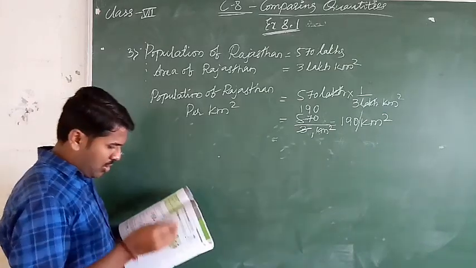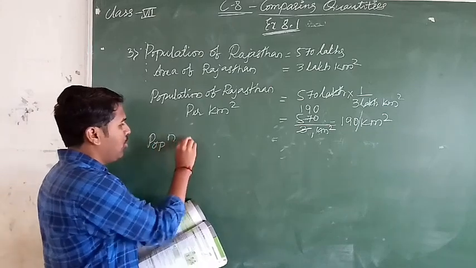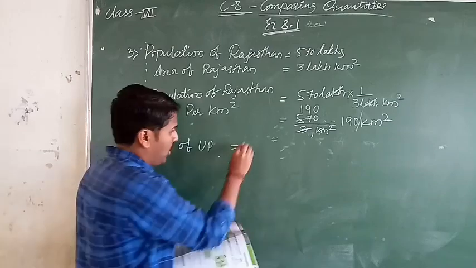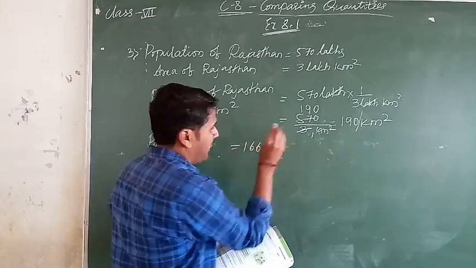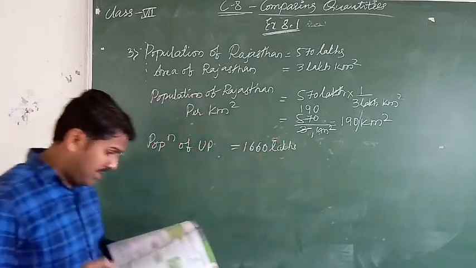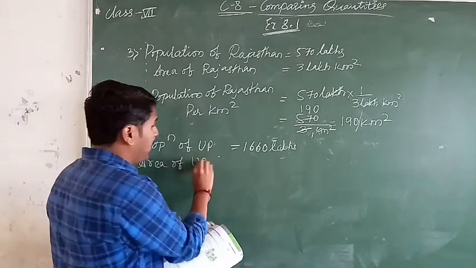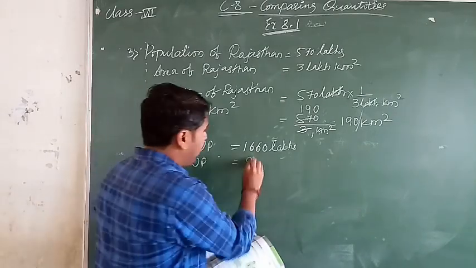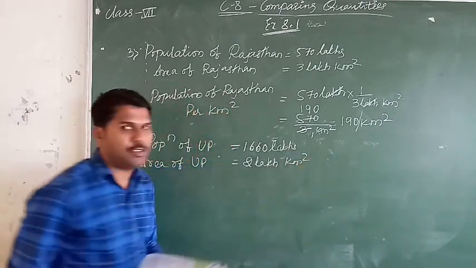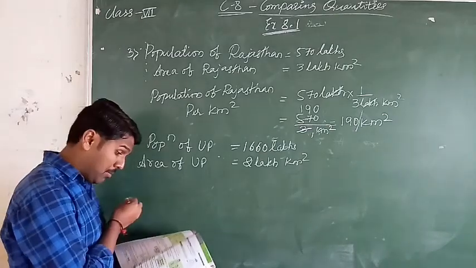Next, population of UP. Population of UP equals 1660 lakh. Next, area of UP equals 2 lakh kilometer square. So now find out the population of UP per kilometer square.